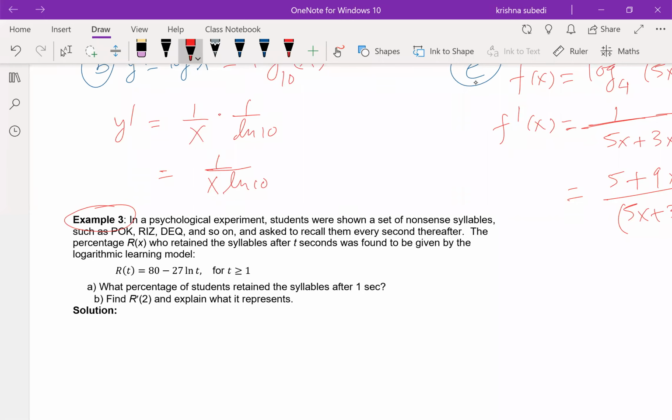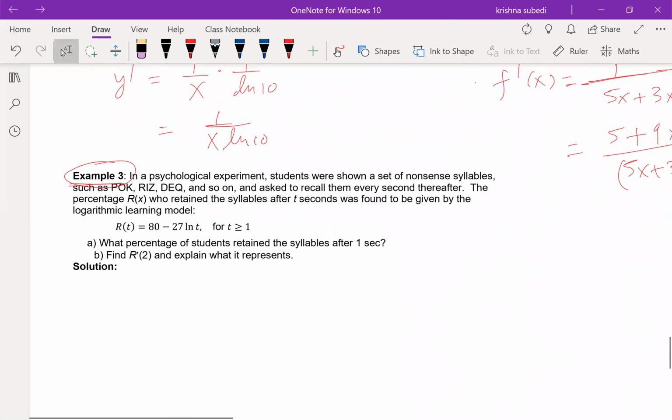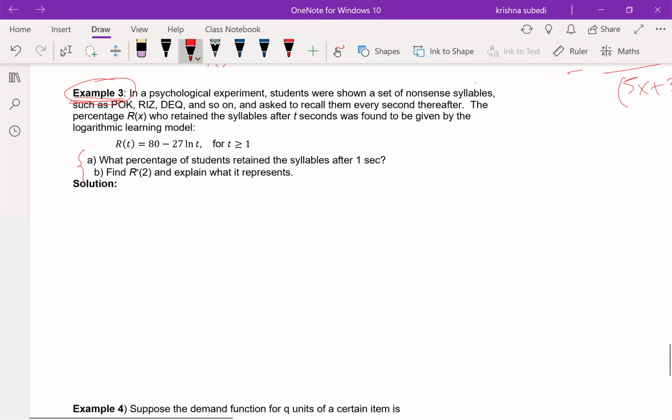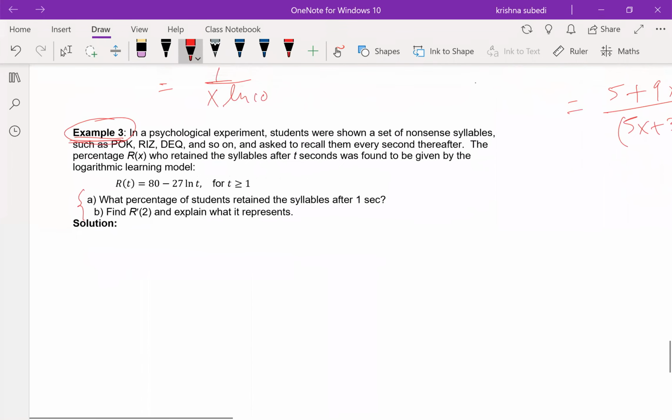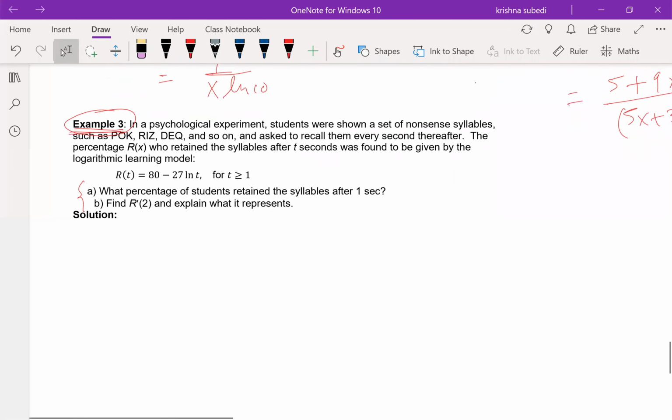So one simple example here is example 3, and after that we'll solve another real world problem as well. Please read the questions very carefully and try to answer these two questions. And another example, we'll do after the break.